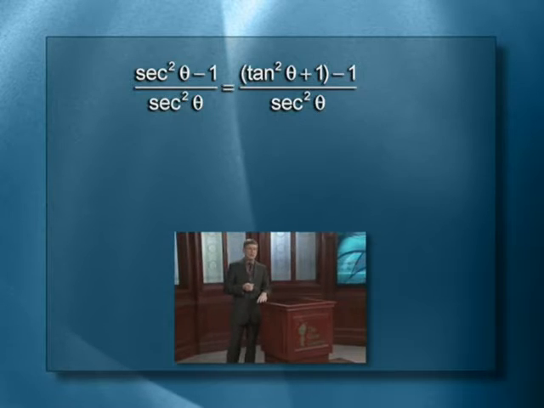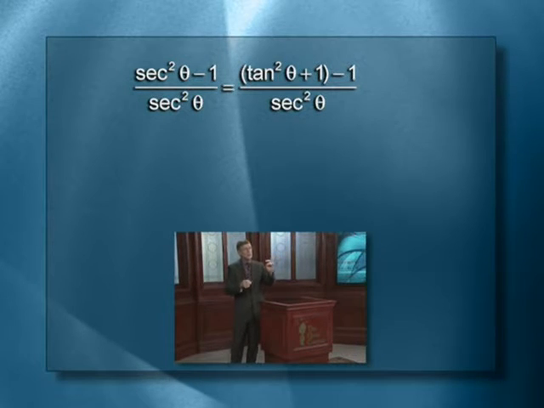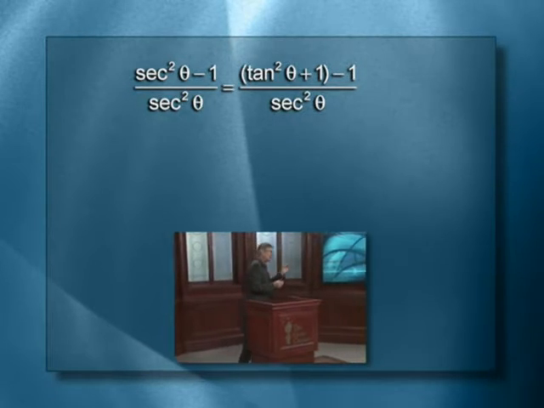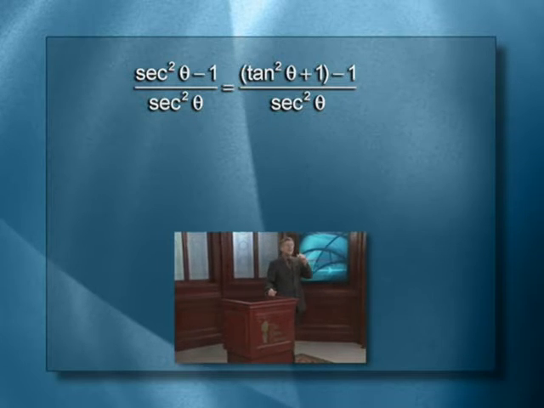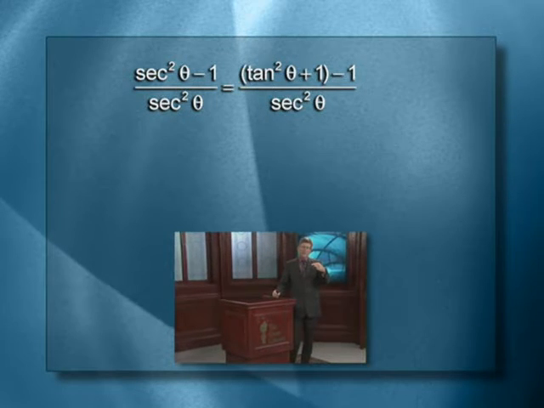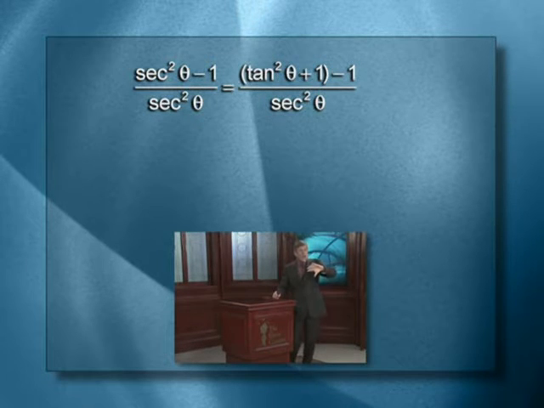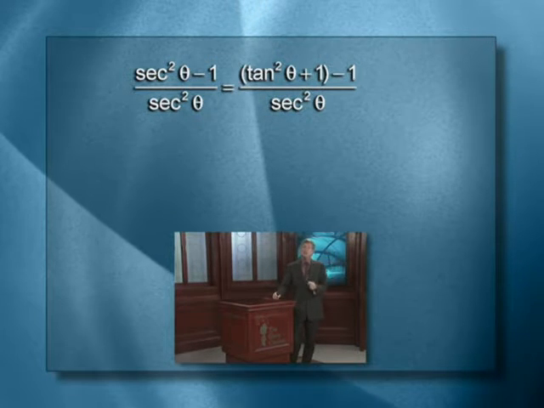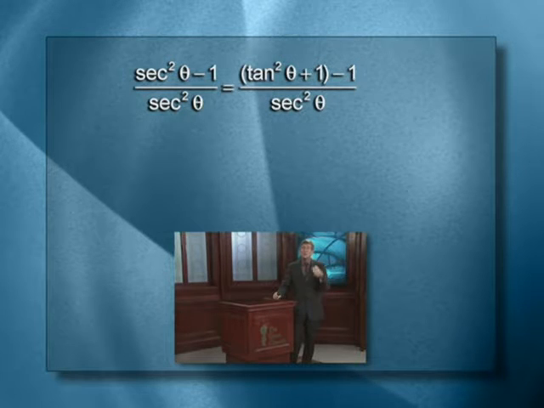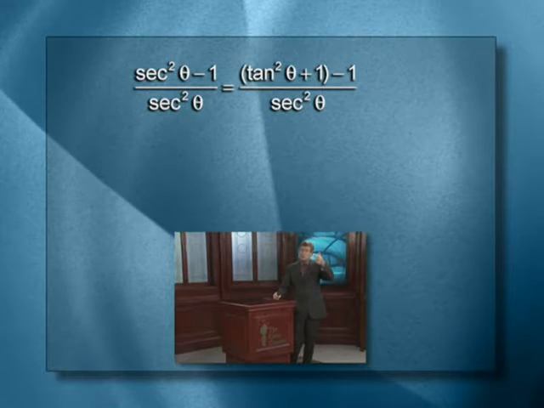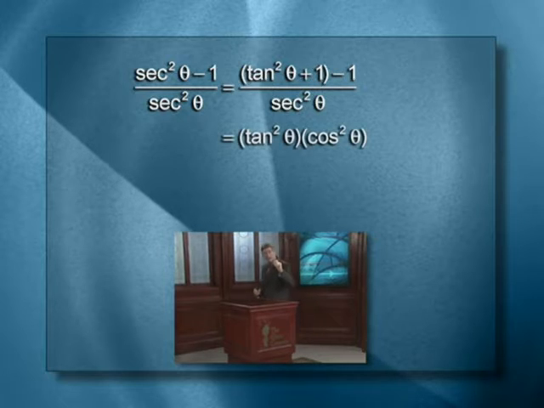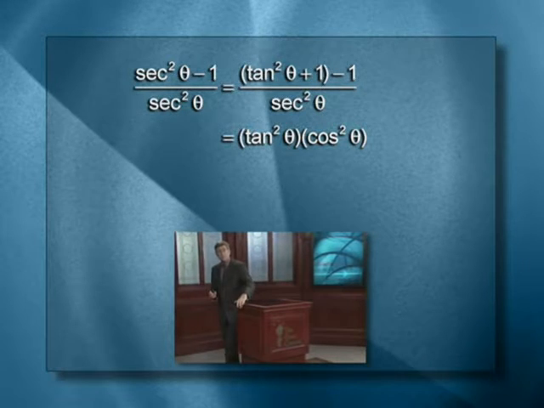The ones cancel, and I'm left with tangent squared divided by secant squared. But now watch. If secant's in the denominator, and secant is the reciprocal of cosine, I can pull it up to the numerator as cosine squared, right? Cosine and secant are reciprocals of each other. So now I have tangent squared times cosine squared.